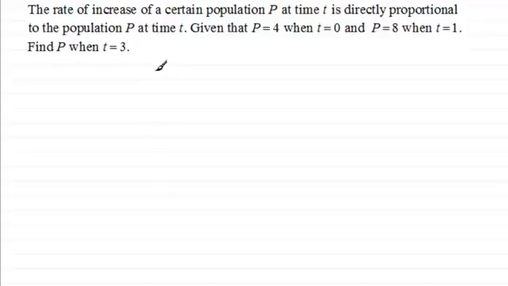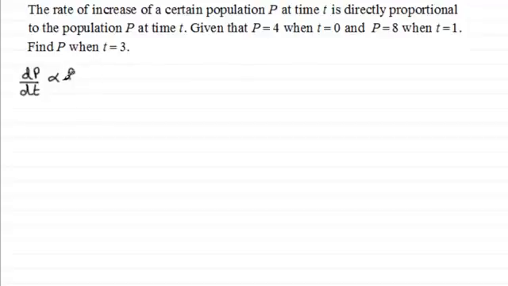Well, to do something like this, we've got to just set up the fact that we're told that the rate of increase of a certain population P at time t is directly proportional to the population P at time t. We write this as dP by dt, that's the rate of change of the population P at time t, and it's proportional to the population P at that time.